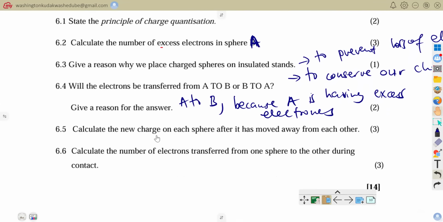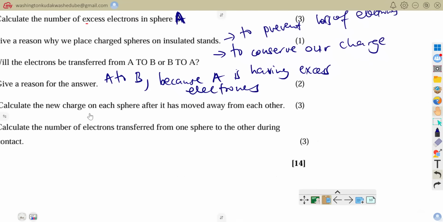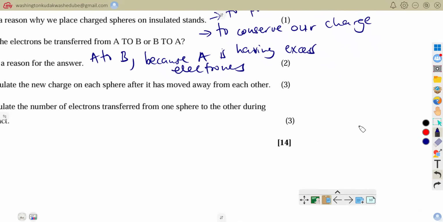Now, calculate the new charge on sphere A after the spheres have moved away from each other. So we have sphere A and sphere B. They will be brought to each other, a negative and a positive.